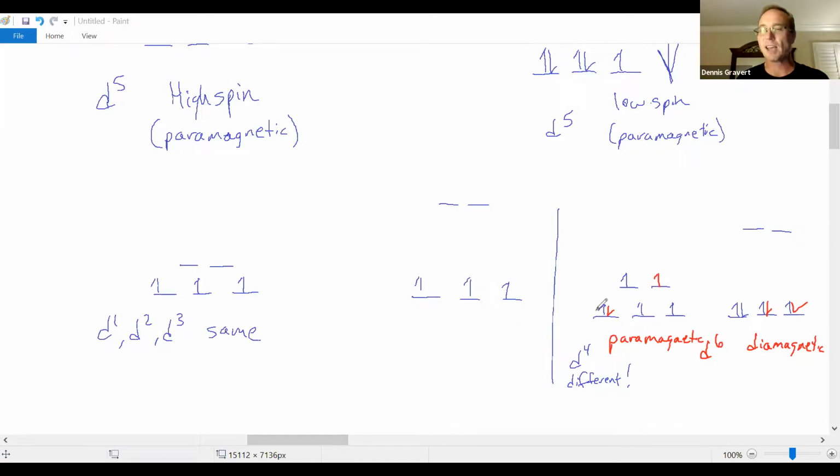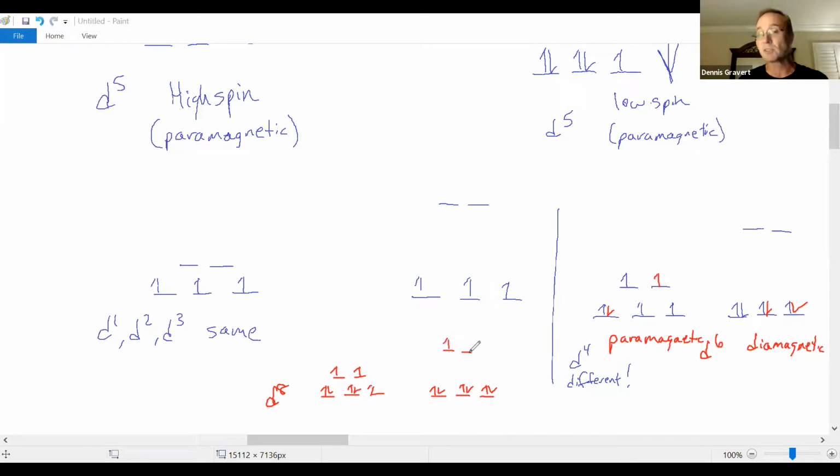Once you get to D8, versus those two, right? So 1 electron, 1 electron, 2 electrons, 2 electrons, 3 electrons, 3 electrons, 4 electrons, 4 electrons, 5 electrons, 5 electrons. D5 is different. 6 electrons, still different. 7 electrons.